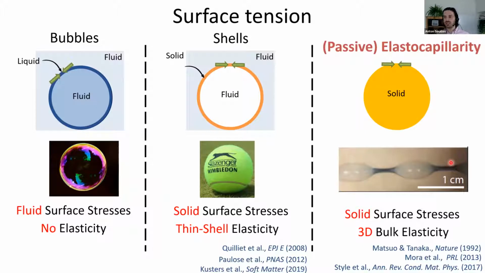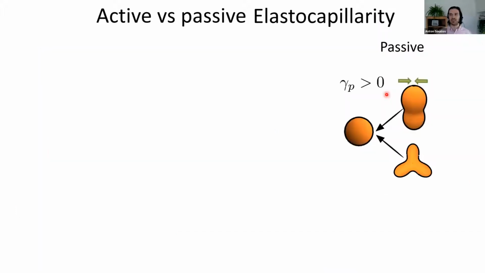So these examples are examples of what might be called passive elastocapillarity. And what's important here is this constraint of equilibrium that tells you that any sort of equilibrium interface will have a positive surface tension, right? So one of the first things that you can do when thinking about active forces is to try to break this constraint.